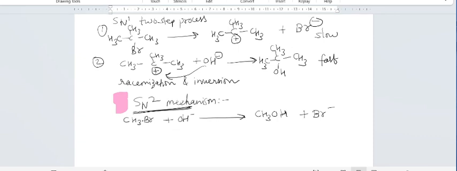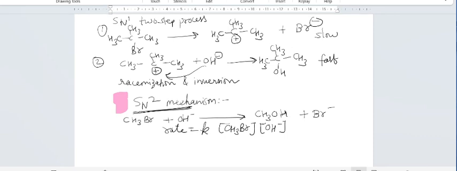So there is substitution of bromine by OH minus, and now the rate of the reaction is equal to one constant into concentration of alkyl halide into the concentration of hydroxyl, that is the nucleophile.